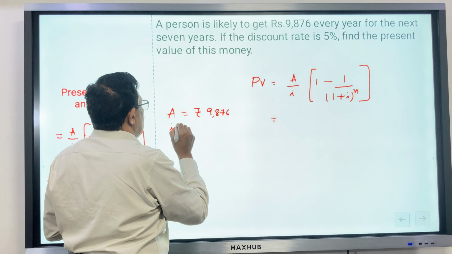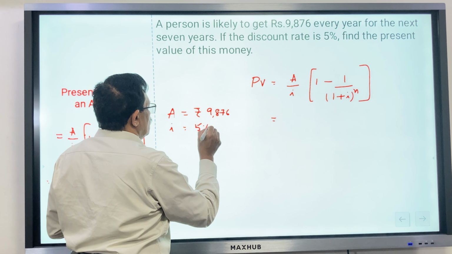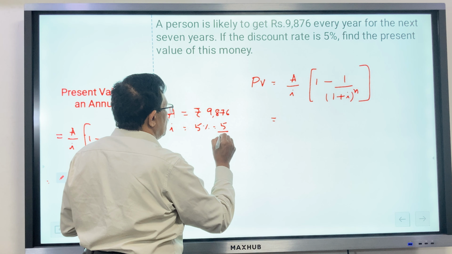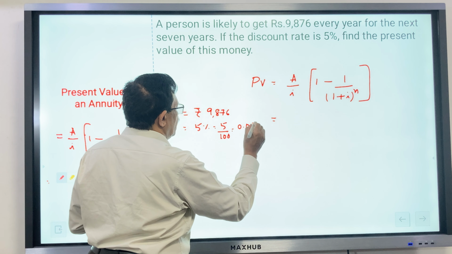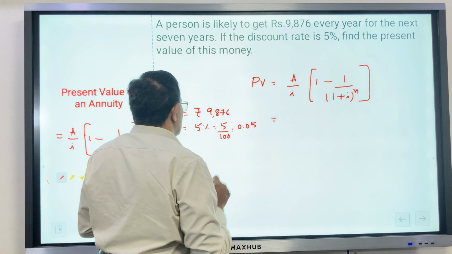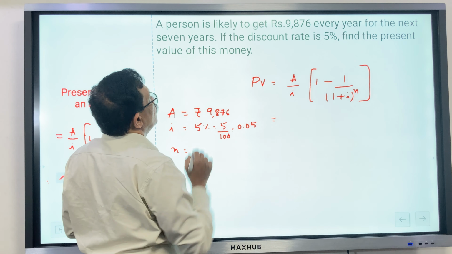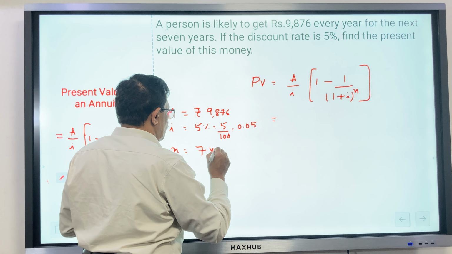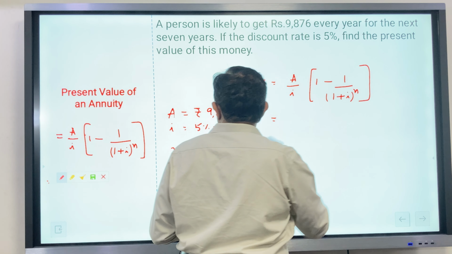I is given as 5%, which I can take as 5 divided by 100, which is going to be 0.05. Then N is given to you as 7 years. So the present value, let us substitute the values here.